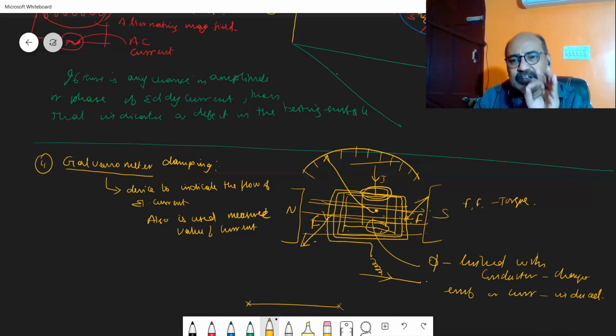So the EMF induced or the current induced makes the oscillating coil come to rest position immediately. That phenomenon is called electromagnetic damping. Since this is used in the galvanometer, we call this galvanometer damping. Hope you have understood this concept.